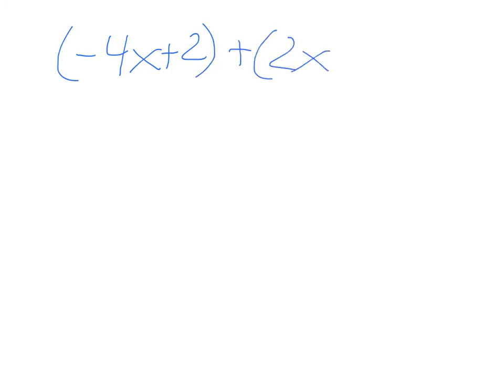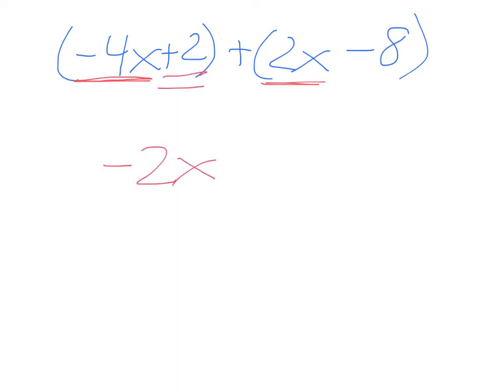Let's look at another one. Negative 4x plus 2 plus 2x minus 8. If I want to add these together, again looking for like terms, I take the negative 4x and 2x. And negative 4x and 2x gives me negative 2x.